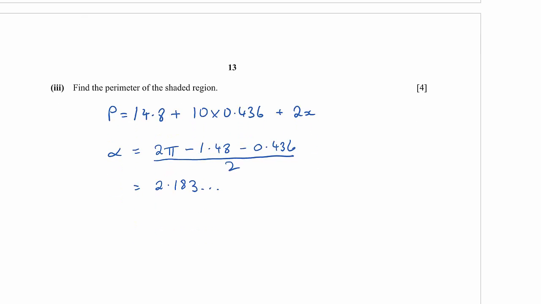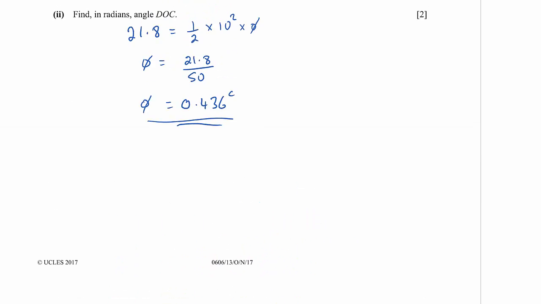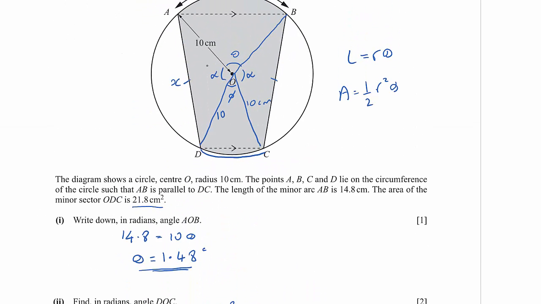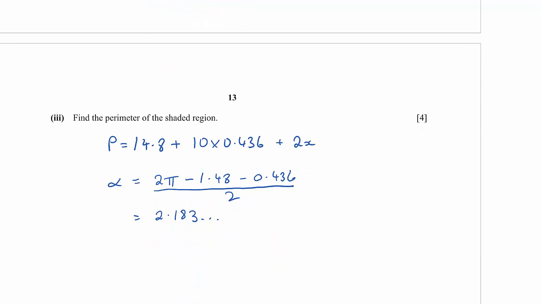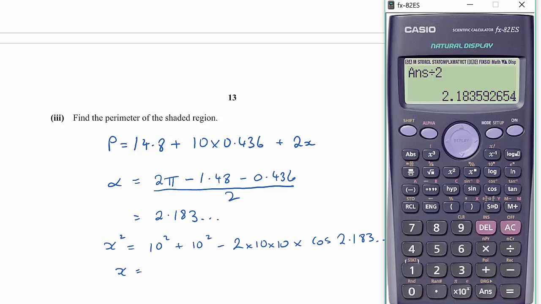Okay, and then to find what we've called x here, we can use the cosine formula. So we know that's 10, and the angle in between, that's all good. So we can say x squared is going to be 10 squared plus 10 squared, take away 2 times 10 times 10 times the cosine of 2.183, and so on. Need to make sure we're in radian mode.